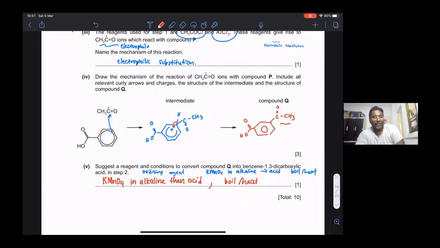Normally when we do oxidation, we just use acidified potassium manganate. But this one is alkaline first with the presence of alkali, and then you add the acid. That's slightly different for this kind of compound.